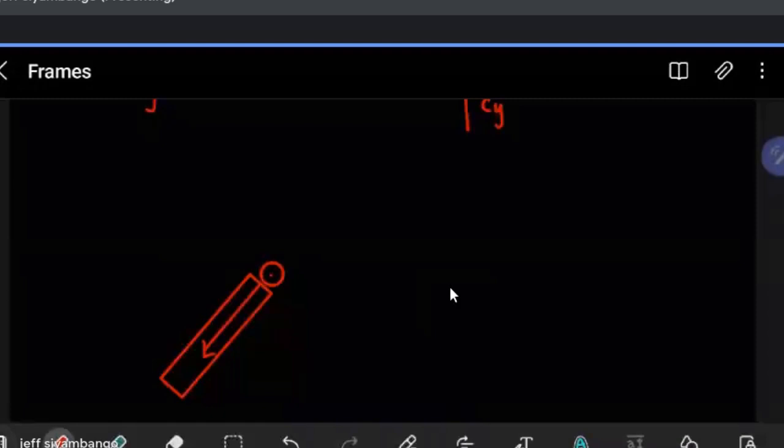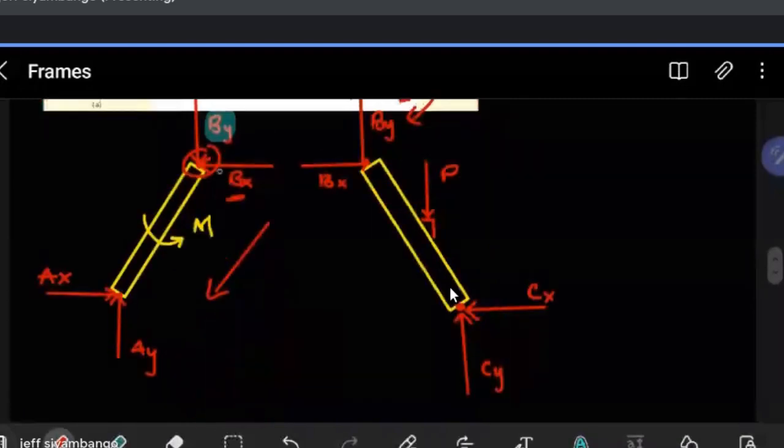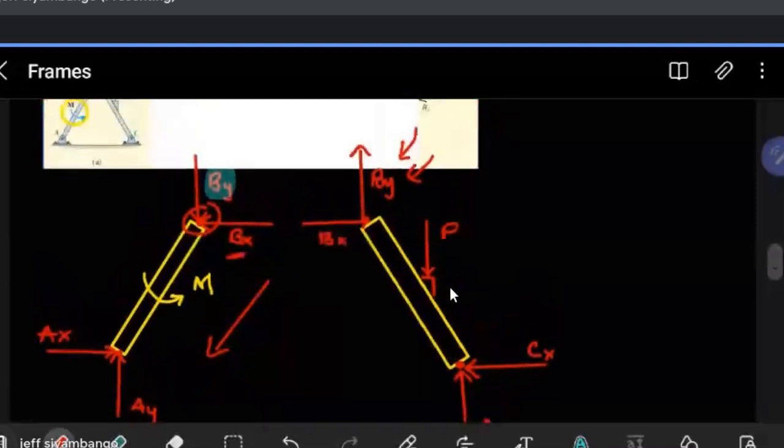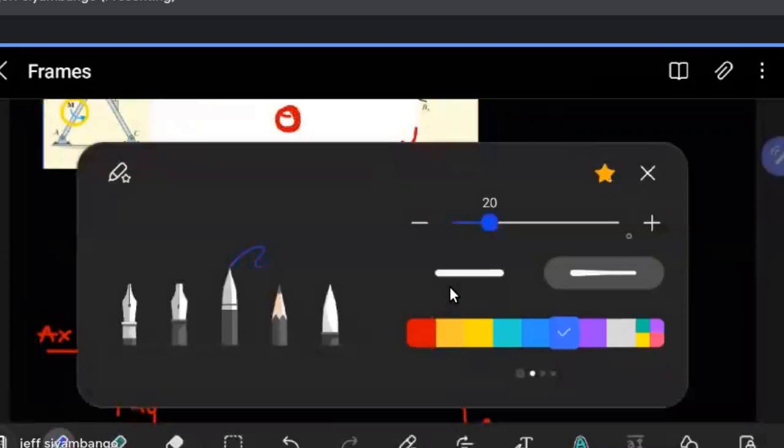In other words, when we looked at the member, it had two components: one was going down, one was going to the left. So if I put the pin here, the forces through the pin will be swapped.